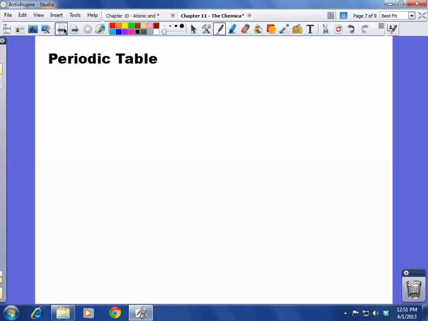So I can tell pretty easily that carbon has 6 electrons because it has 6 protons. Fluorine has 9 protons, 9 electrons. That's all well and good. But really, we don't care about all of those electrons. We only care about a few of them, the valence ones.